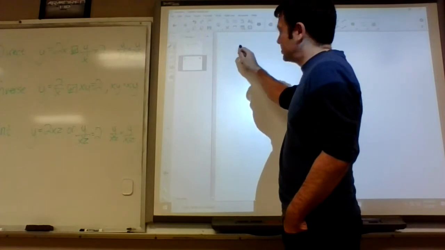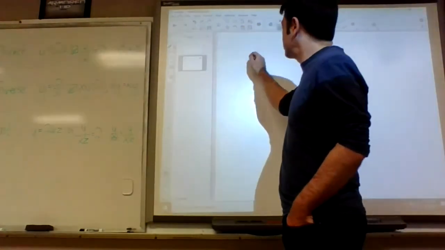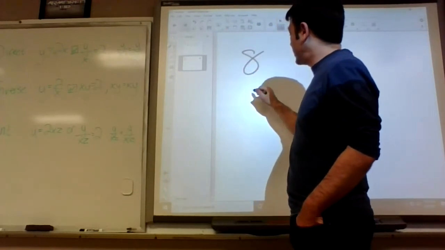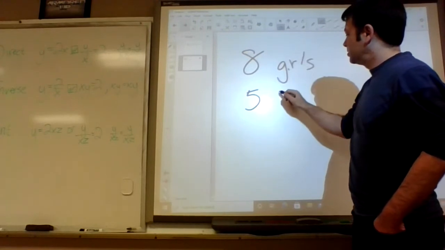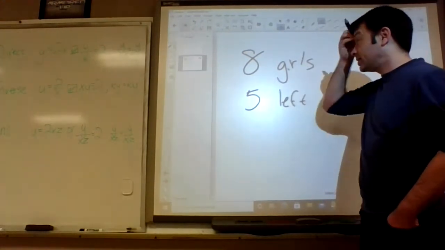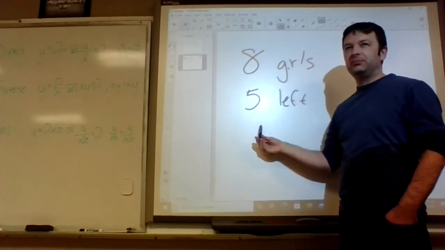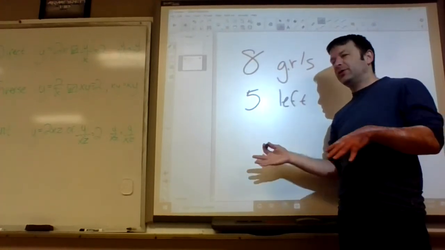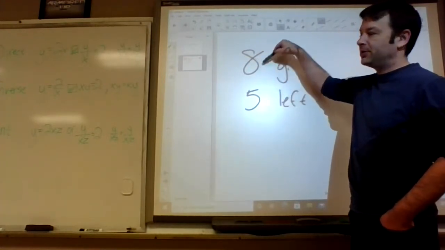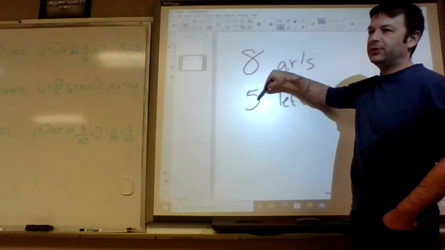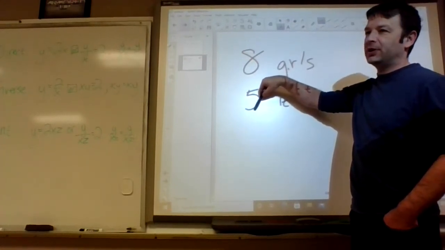There were 8 girls, and there were 5 left-handed people. But there weren't 13 people that were either girls or left-handed, because there's some overlap here. Some of these girls were left-handed, and are included in this 5. So you had to get rid of the overlap.